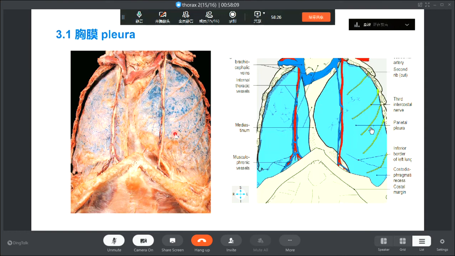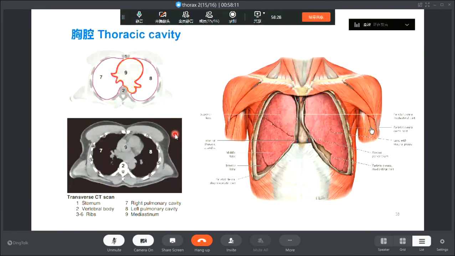So let's see our thoracic cavity. In the thoracic cavity, this red part is our lung. There is a membrane covering the lung. You can see this part is covered on our lungs.